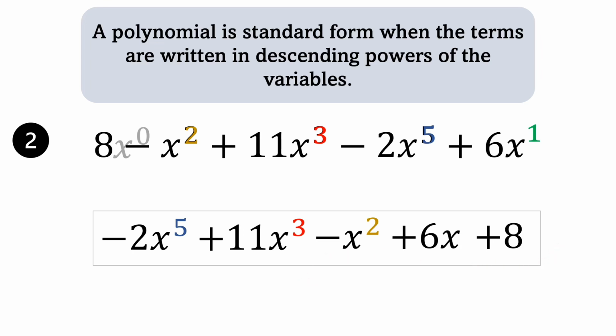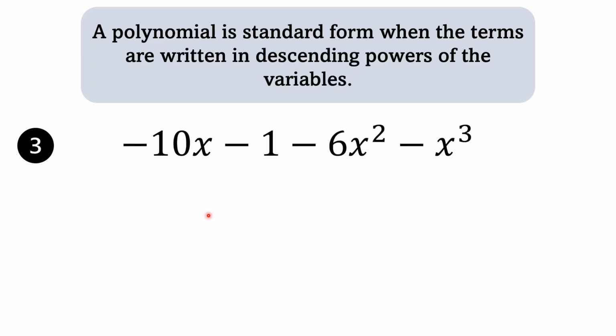Okay, so another example: negative 10x minus 1 minus 6x squared minus x cubed. So the powers are not arranged in descending order.